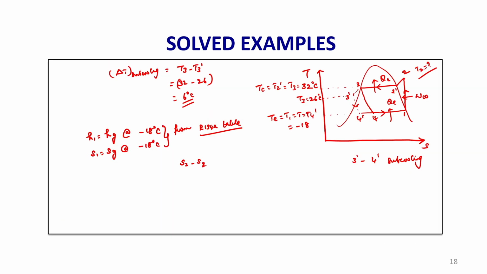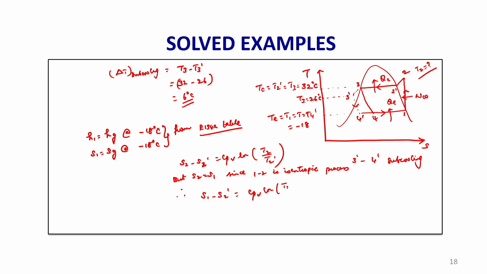What is S2? S2 is nothing but S1, since 1 to 2 is an isentropic compression process. Therefore, S1 minus S2 dash is equal to Cp of vapor into ln of T2 by T2 dash.